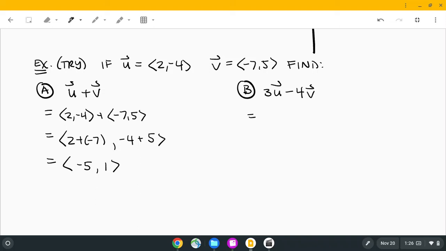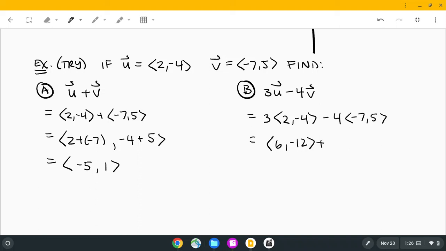All right, this one is going to be 3 times vector u, which is 2, negative 4, minus 4 times vector v, which is negative 7, 5. So here I'm going to distribute the 3 to the 2 and negative 4. I'm going to get 6, negative 12. Over here, it's up to you to decide if you want to keep it subtraction and only distribute the 4, or if you want to distribute the negative 4 and turn this into addition.